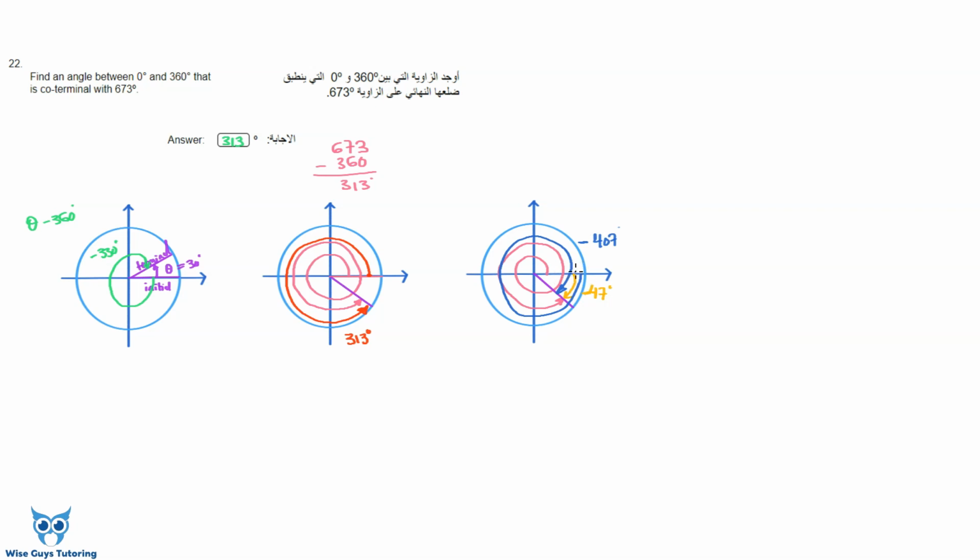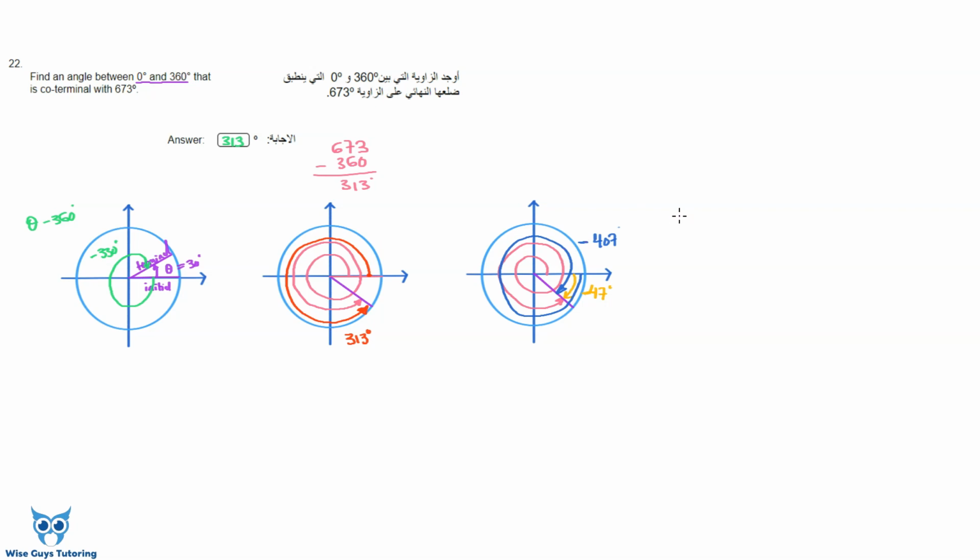That's also coterminal. Okay, so you can keep adding 360 degrees or subtracting 360 degrees, and you'll just keep getting infinite coterminal angles. Fortunately for us, it's been made very clear that they want one angle between 0 and 360, and that would be 313. That's how I knew to settle on 313, because they want us to make it between 0 and 360. All right, so there you go.